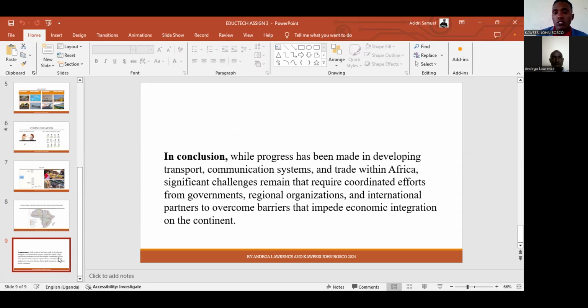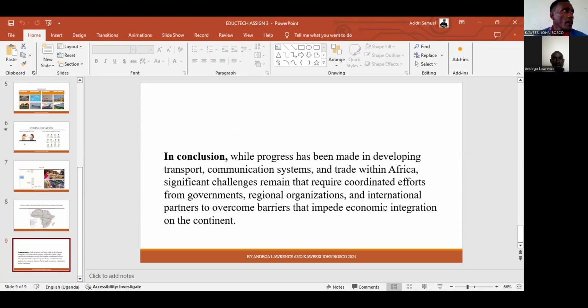Those organizations should work hand in hand. For example, here in East Africa, we have the East African Community to boost our trade, communication, and transport networks. We have international partners, most especially USAID, and the United Nations.